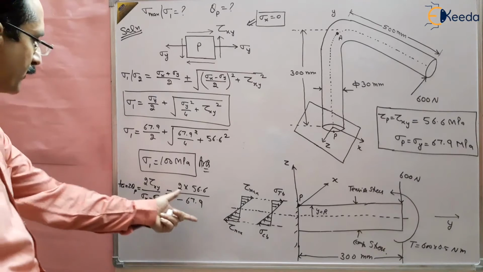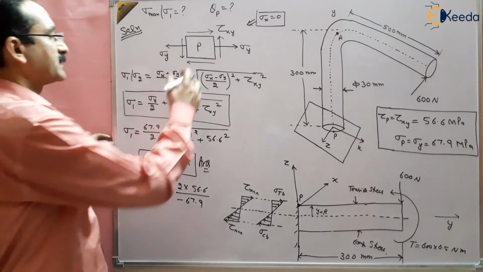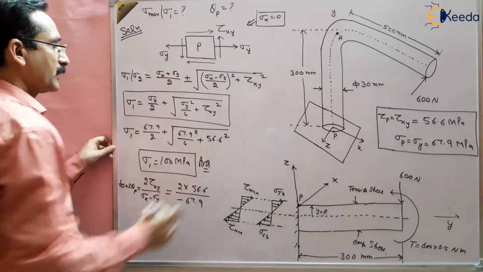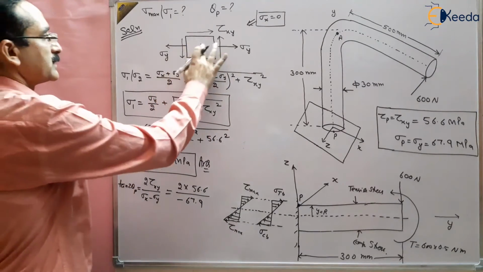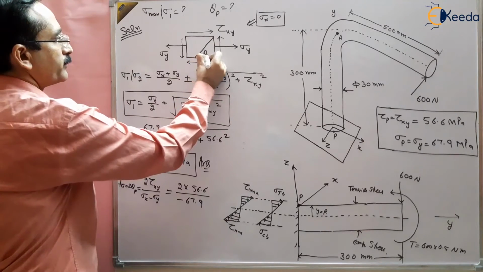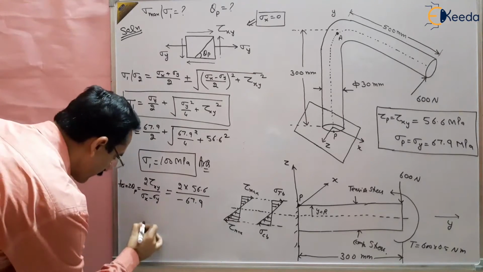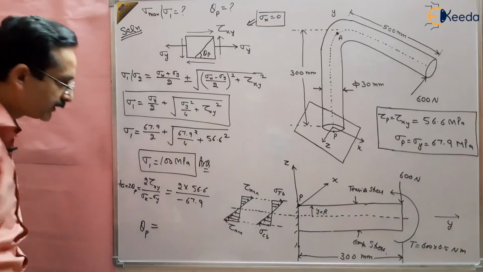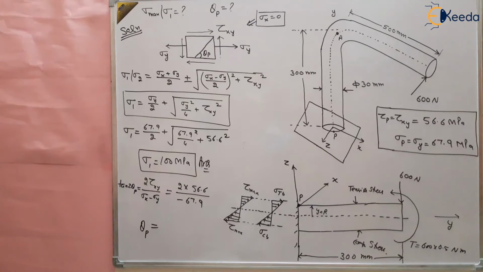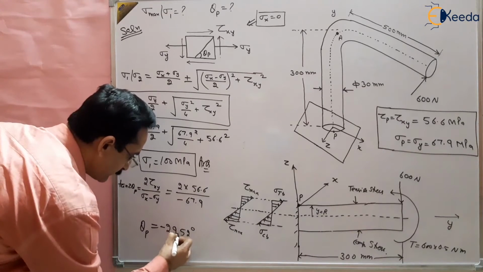From here you can find theta p, the plane at which the maximum principal stress is obtained. Solve it and you will get the value of theta p as minus 29.52 degrees.